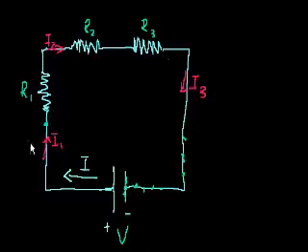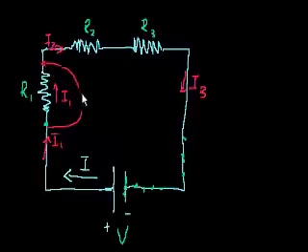Now, if we say that, what else can we say? Well, let's say the current through here is I1. If the current through here is I1, what is going to be the voltage if I measured it from here to here? What is this voltage here? I measure it with a voltmeter.